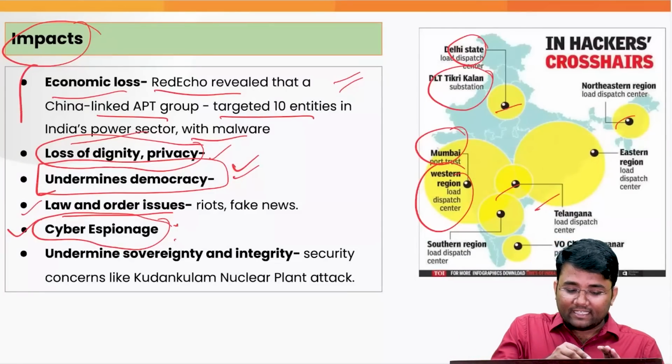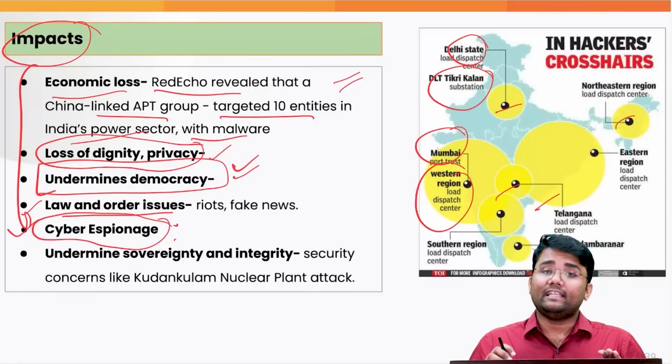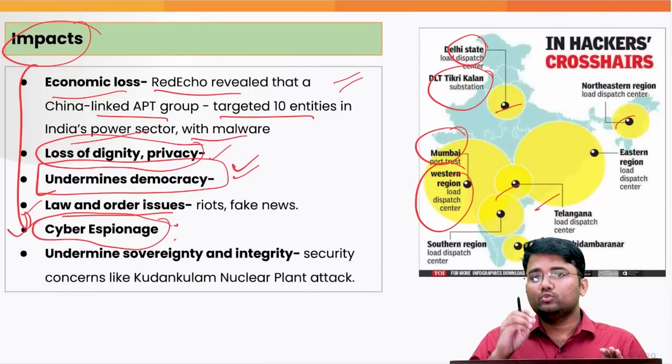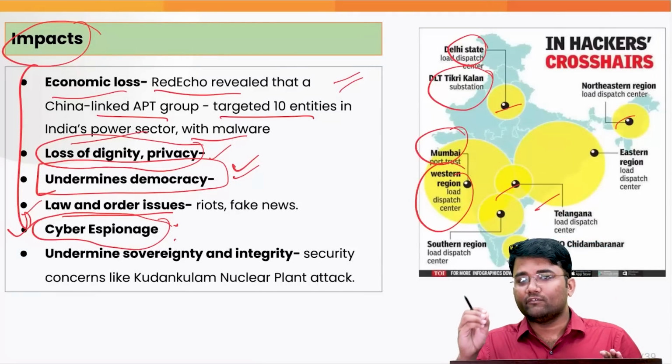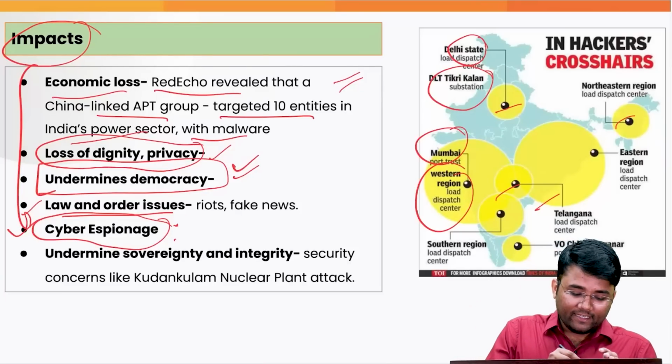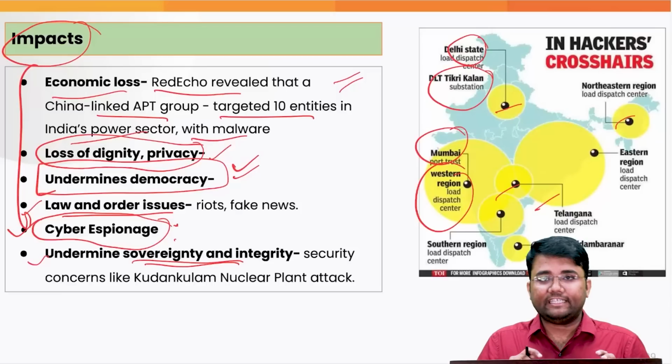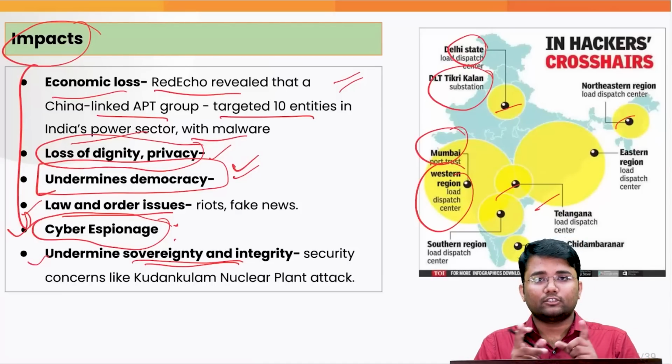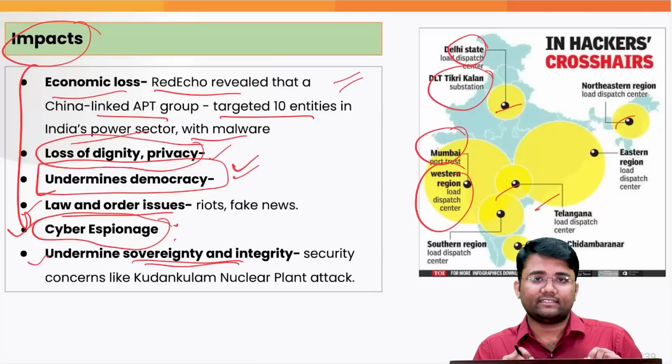So when these attacks happen, we might lose important information which is very vital for the security of our nation. Also, it undermines the sovereignty and integrity of our nation, and the overall security establishment is impacted.